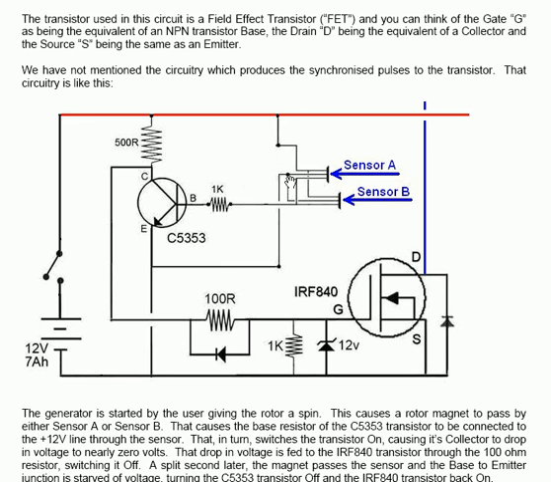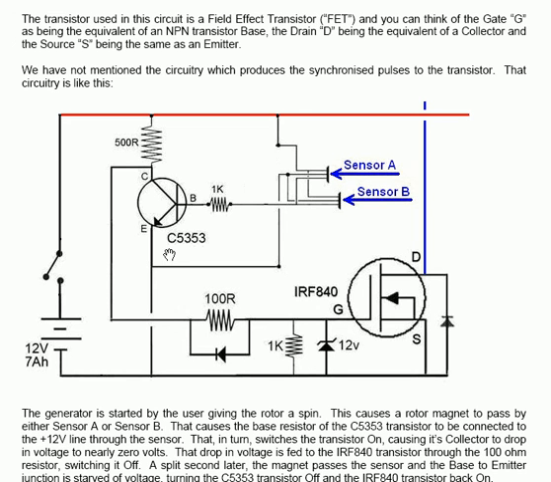That effectively connects the plus line of the battery through a 1K resistor to the base of this particular transistor. This transistor has been chosen to be a C5353 type, which you can get quite readily. The transistor itself forms a voltage divider pair between the plus and the minus line, so the voltage at the collector will be very high when the transistor is switched off and very low when the transistor is switched on.